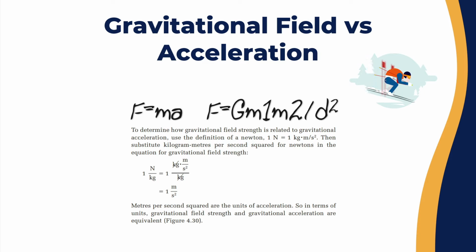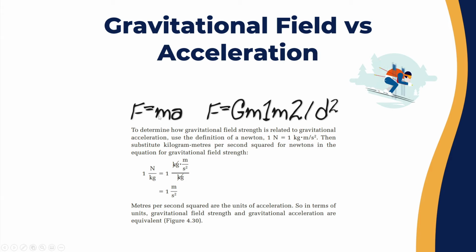The basics are saying in the definitions of Newton, what is the unit of 1 Newton? 1 Newton equals 1 kilogram multiplied by meters over second squared. Where did that come from? That comes from here.